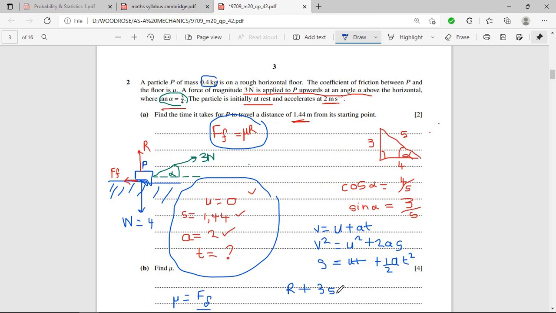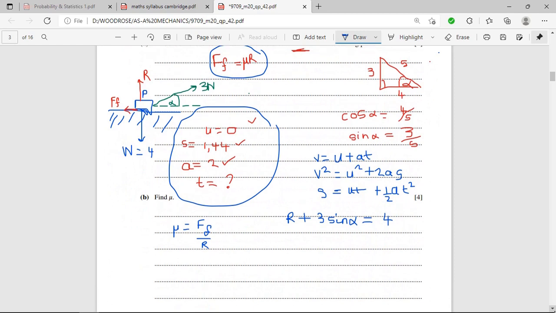So I think now you know the reason why I firstly found the value of sine alpha. Then if I resolve R and 3 upwards here, it will be the same as your weight. So from this equation now, you can find R and substitute it here.